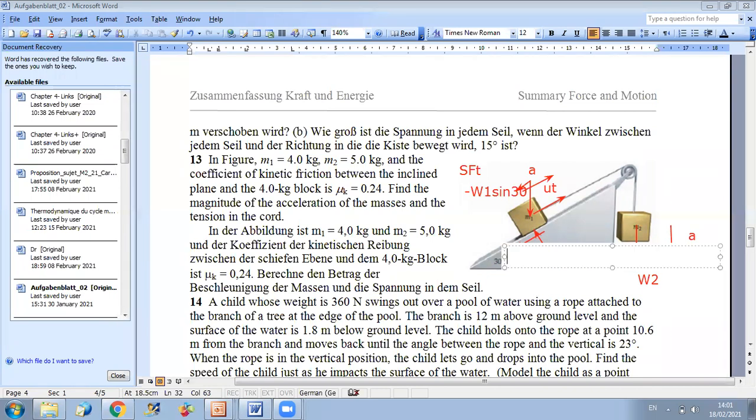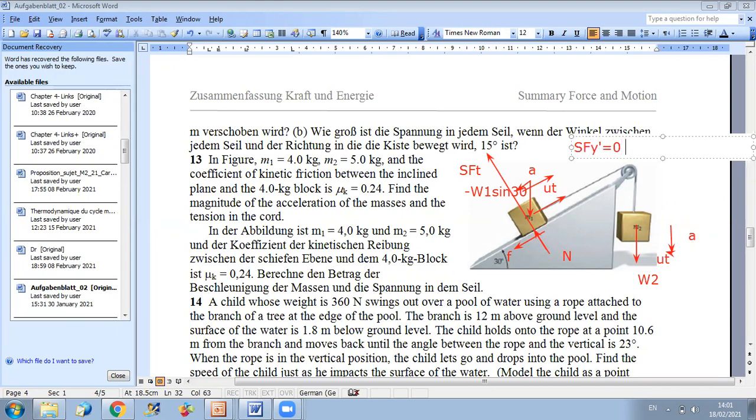So to find F, we need to find N. And N, how can we find it? Sum of Fy. Take Y in this direction, perpendicular to the plane. If we call it Y prime, along Y prime, sum of Fy prime equals 0.